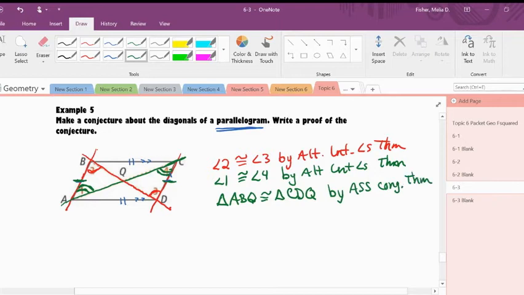Okay, so now we know that those triangles are congruent. We can see that their parts are congruent. So this part and this part would be congruent. And this part and this part would be congruent. So we have proven that the diagonals bisect each other.